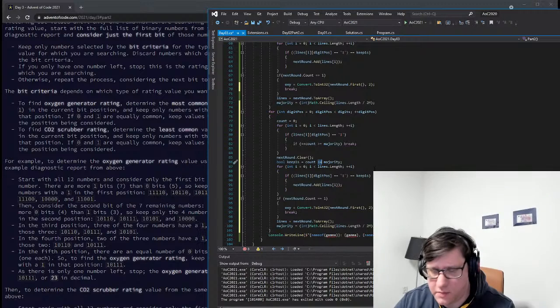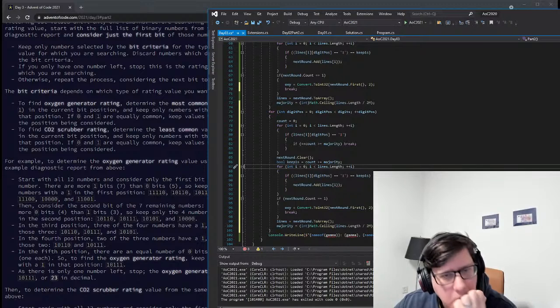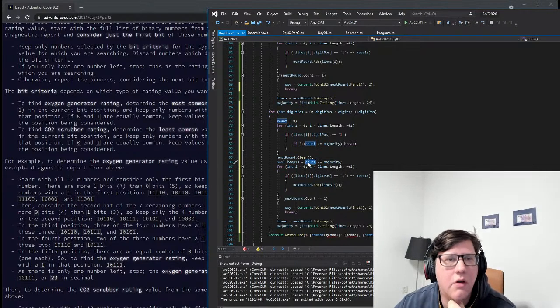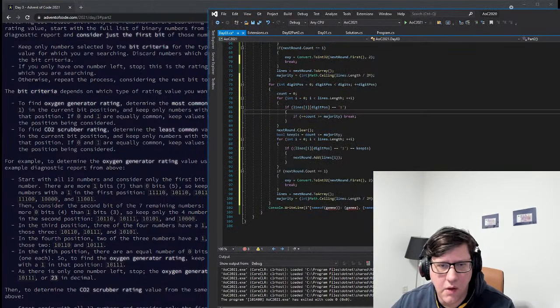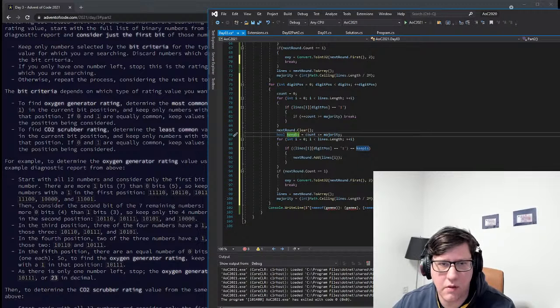So this would be smaller or equal to the majority. Is that correct? Because count will be the inverse and it doesn't really matter in this case, right? Yeah, that's the same. Okay. And this will be keep zeros.